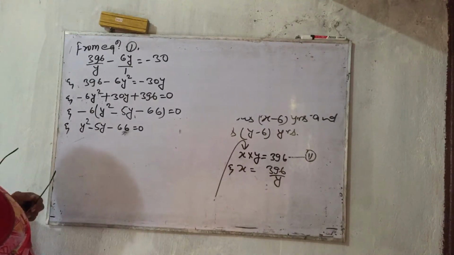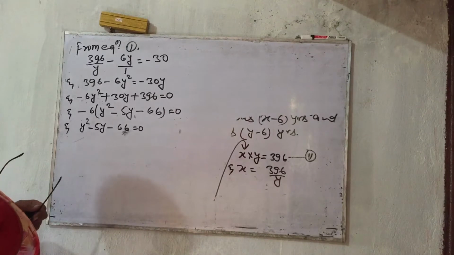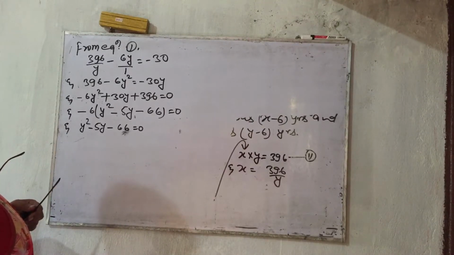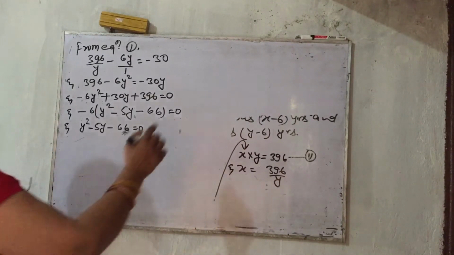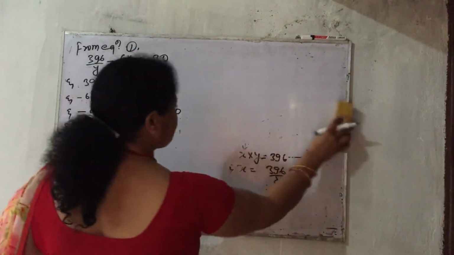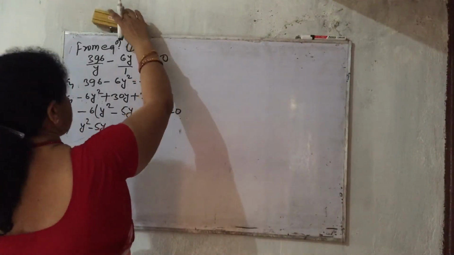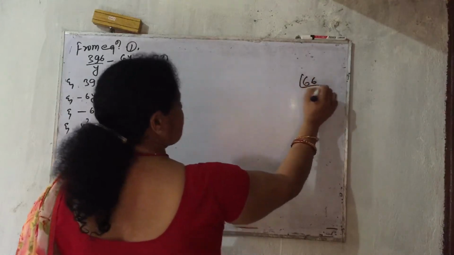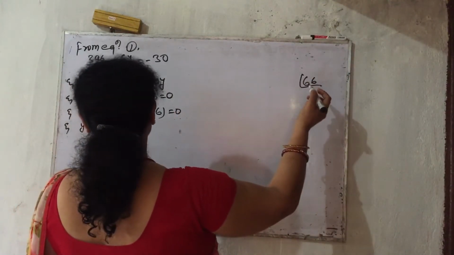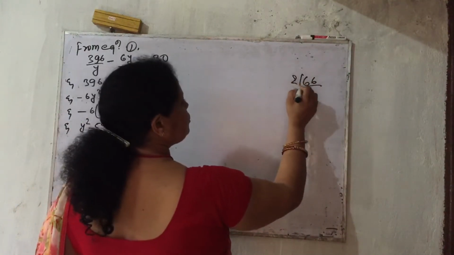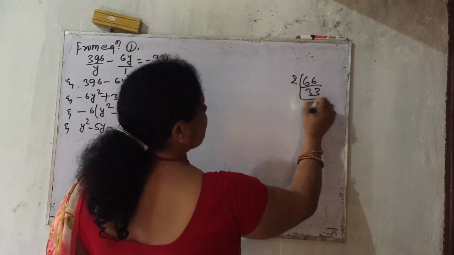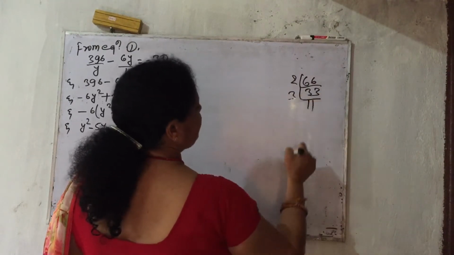66, 11 sixes are 66, 11 minus 6 will be 5. Let's factorize 66, so it will be 2, 33, here 3, 11.